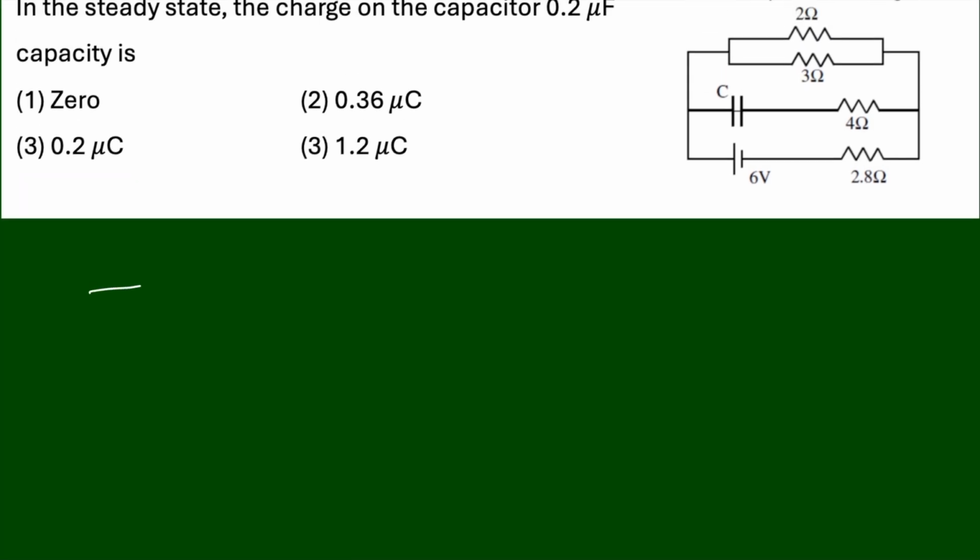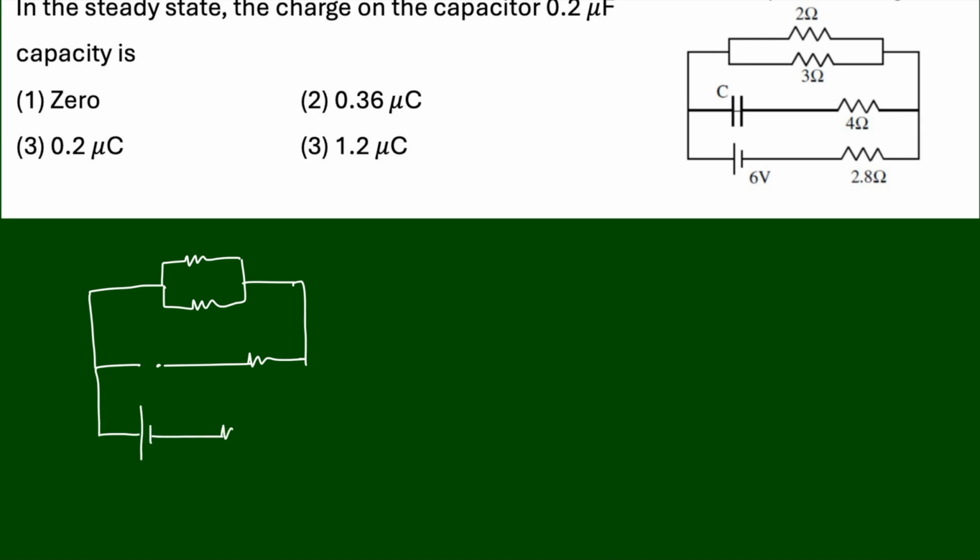We'll see, it will be looking like an open circuit, and there is one battery, another resistance 2.8 ohm, this is 2 ohm and this is 3 ohm.